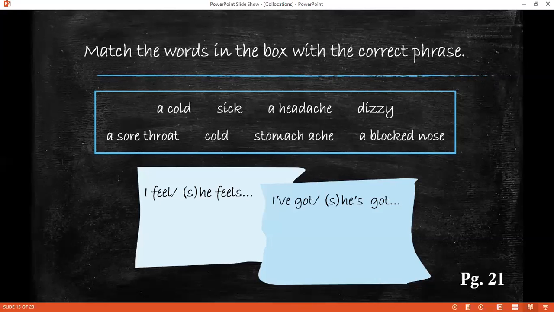These are all taken from that CD. You have to put these words with the right phrase. Select a word from the box and put it with the right phrase.